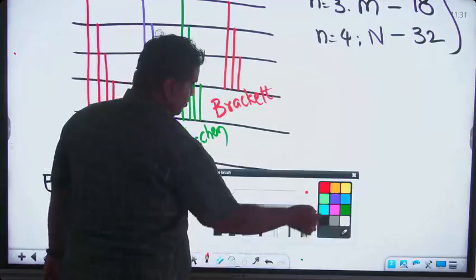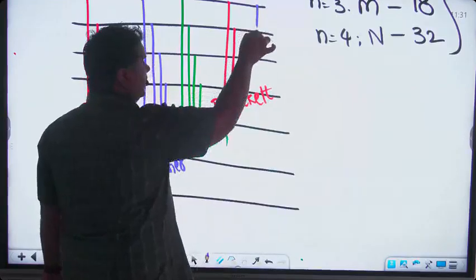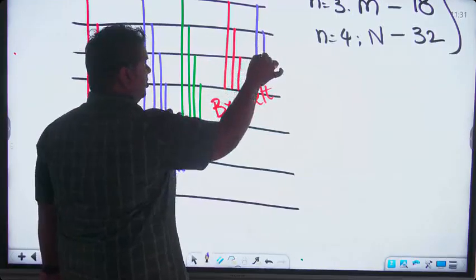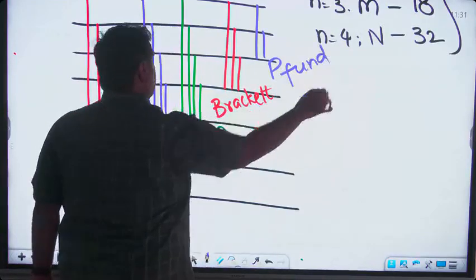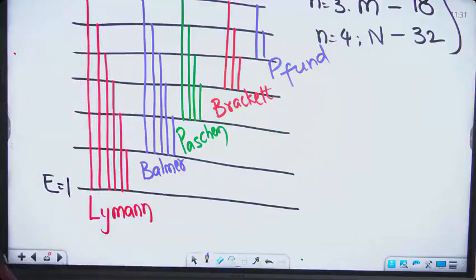And from a higher energy level to the fifth energy level, this is known as the Pfund series. Lyman, Balmer, Paschen, Brackett, and Pfund.